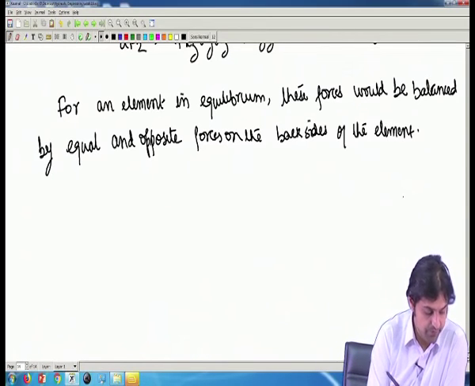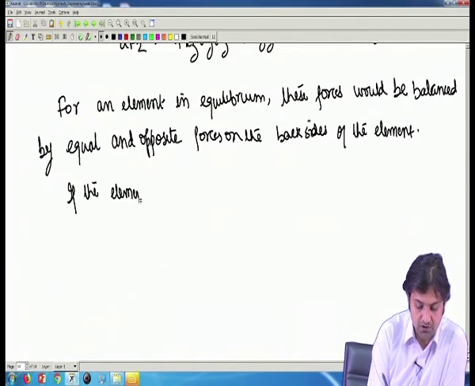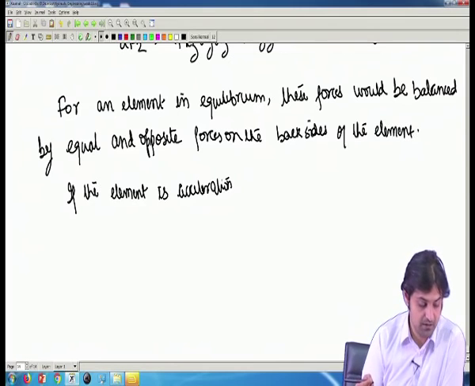Let us just assume the element is accelerating, okay. That means the forces are not balanced.